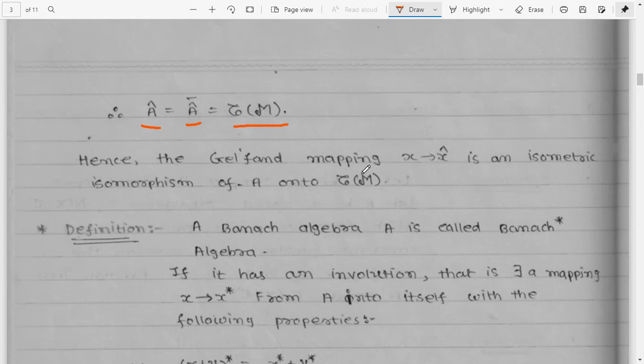Hence, the Gelfand mapping x to x cap is an isometric isomorphism of A onto C(M).